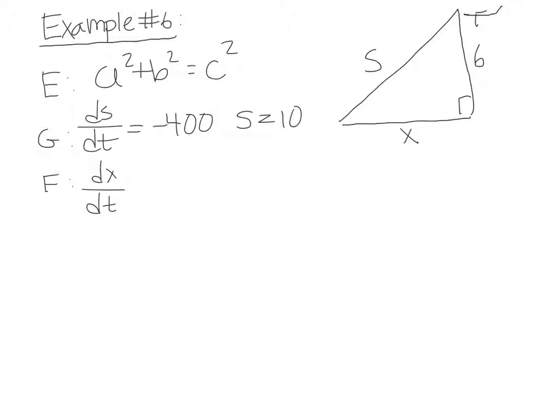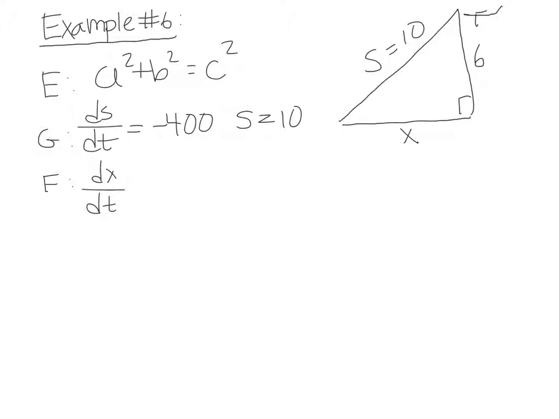In this particular problem, I am also told that I am looking for when s is equal to 10. And so if I were to take a picture at that time, the triangle would have lengths of 10 for its hypotenuse and 6 for its vertical side. I could find the value of x by using the Pythagorean theorem.